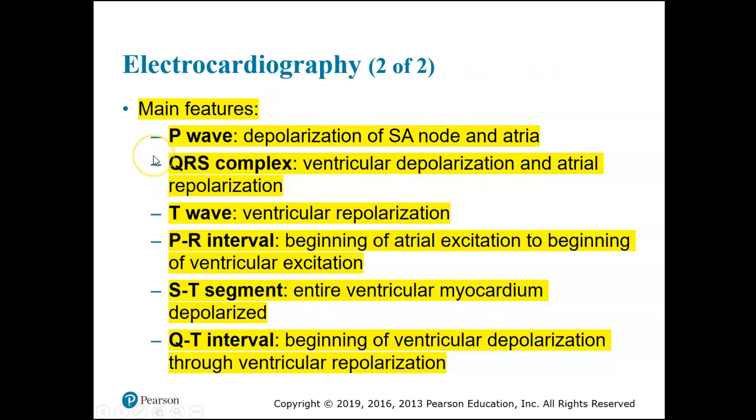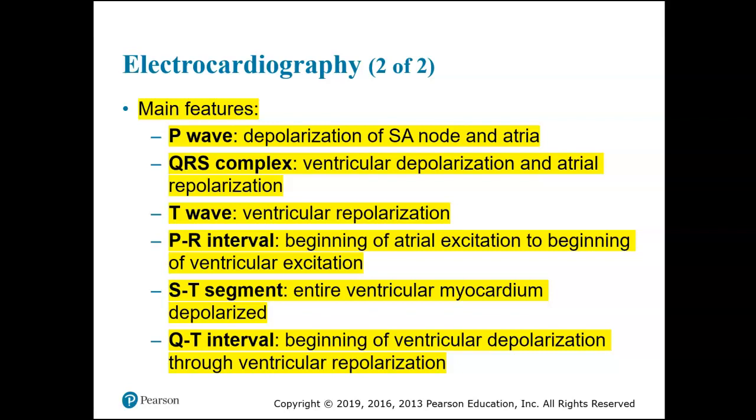If you're watching an EKG as you're also listening to someone's heartbeat, you would actually see the P wave peak, and then you would see the atria contract. And then you would see the big QRS complex, which is that large pointed peak in the EKG. And then you would see the ventricles contract.